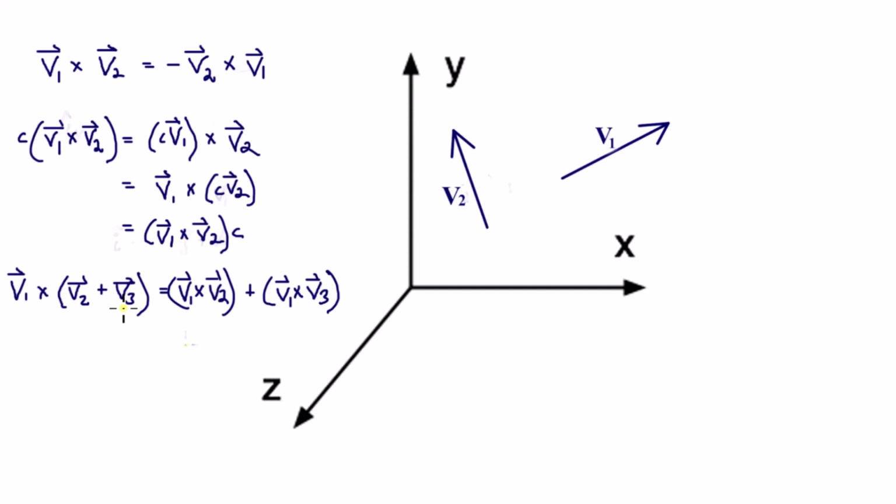So this is good to know when you're thinking about how operations on vectors compare with regular operations. We haven't really talked about dividing vectors yet, but comparing to regular addition, subtraction, and multiplication, all vector operations are consistent with the operations on normal numbers except for the commutative property with the cross product.